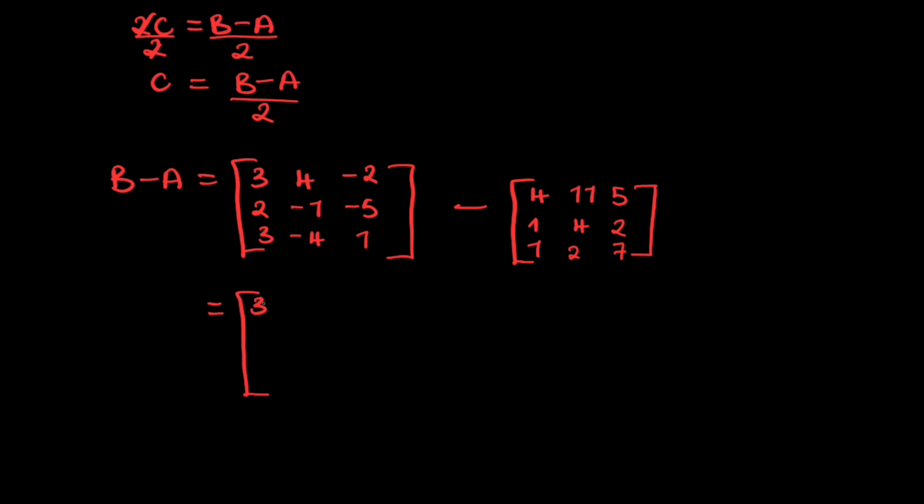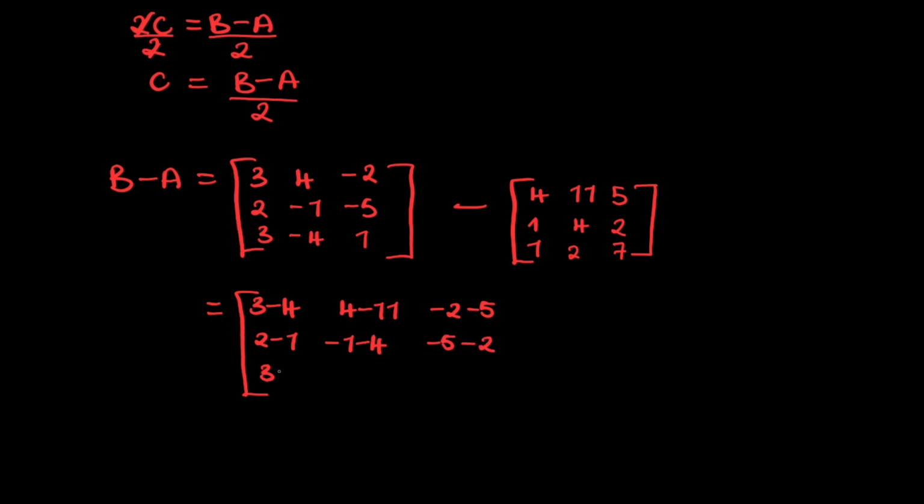So we have 3 minus 4 for the first one, 4 minus 11, minus 2 minus 5, 2 minus 1, minus 1 minus 4, minus 5 minus 2, 3 minus 1, minus 4 minus 2, and 1 minus 7.